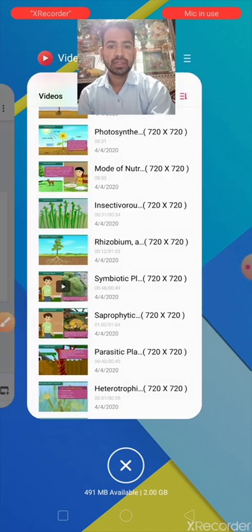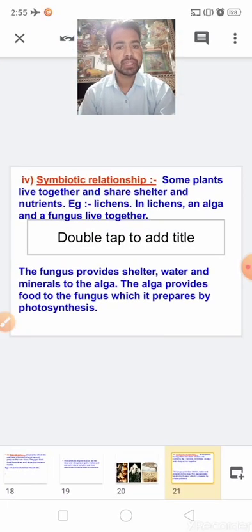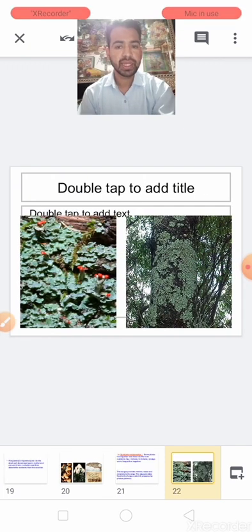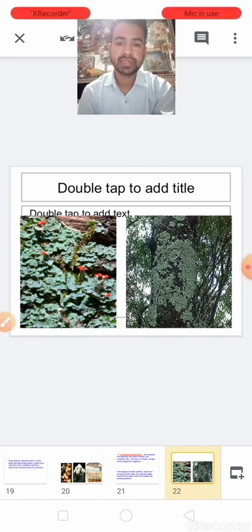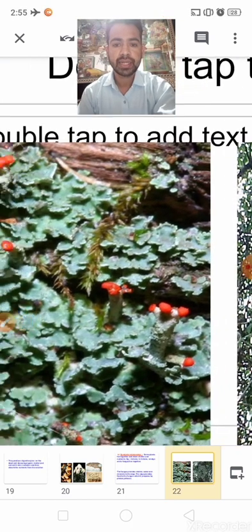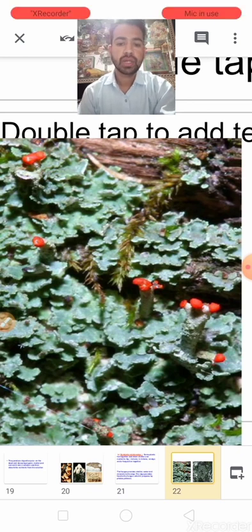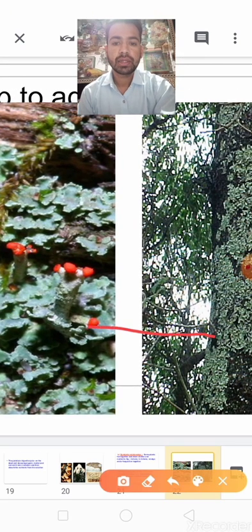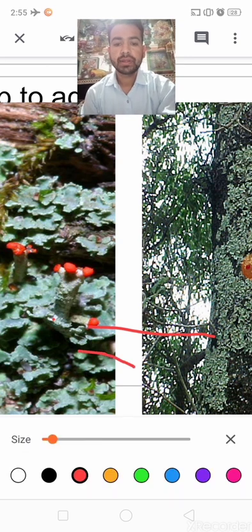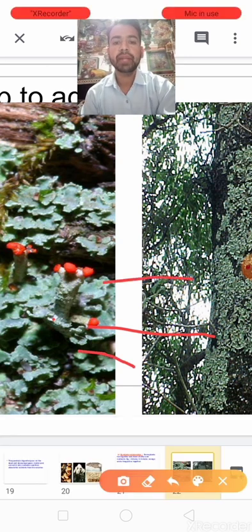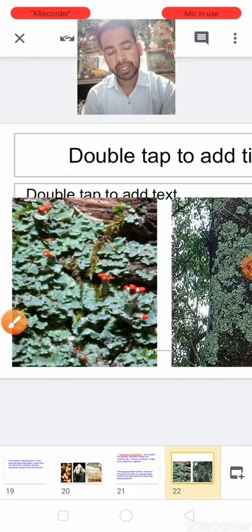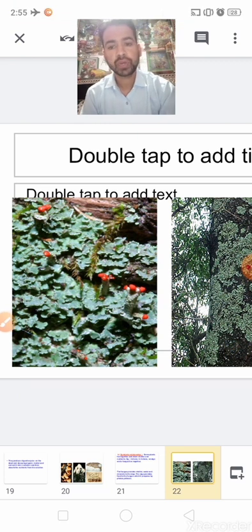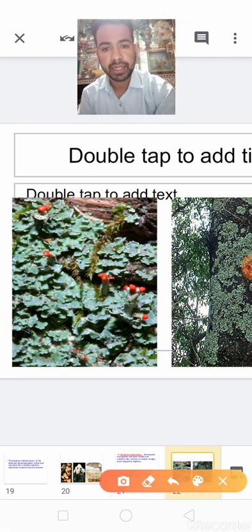Okay, clear about symbiotic relationship? Here is the example I've given to you. Now I'll show the picture. Okay, that is the picture of lichen. In lichen the two plants live together, the one is alga and the other is fungi. They both provide benefit to each other. Clear?